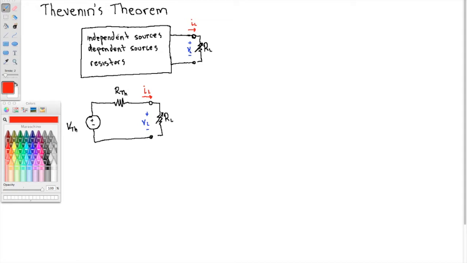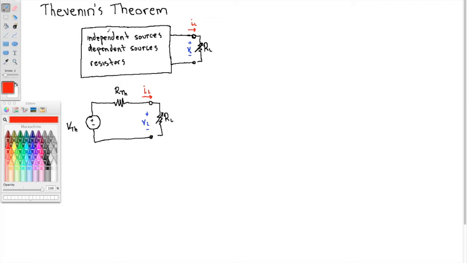Before we continue, you might be asking at this point, especially if you're new to circuits, how useful is a circuit that is comprised of only independent and dependent sources and resistors? Well, admittedly, not very useful. We're just learning at this point.